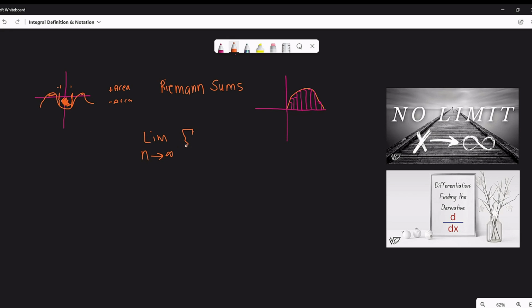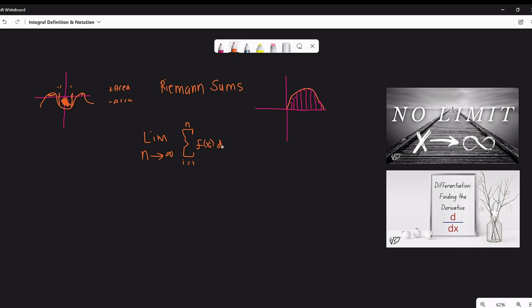So we have our summation symbol. So the index will equal 1 for n terms of a given function f of x at x_i, so each x that changes.